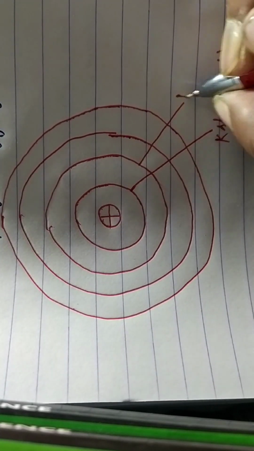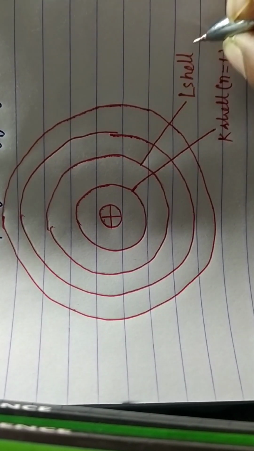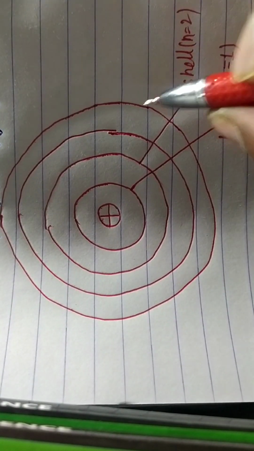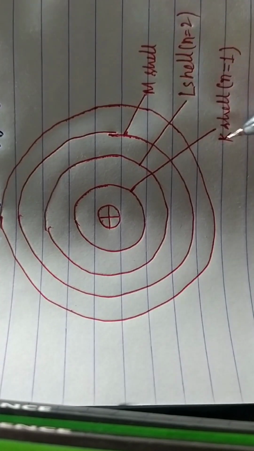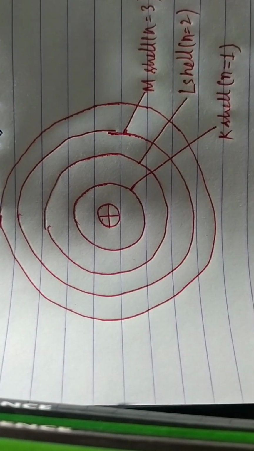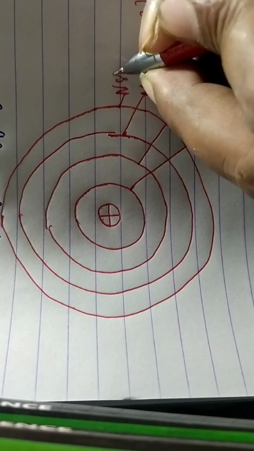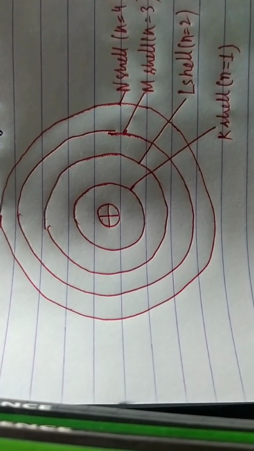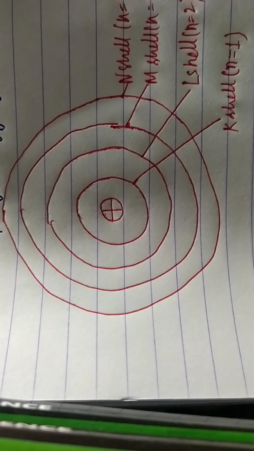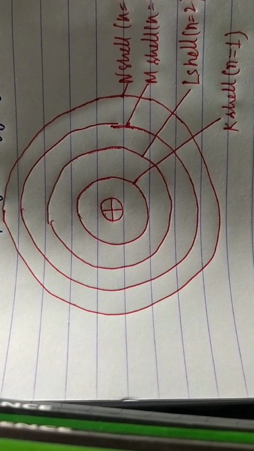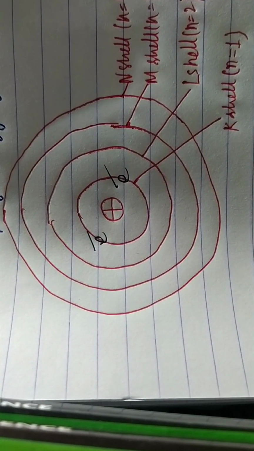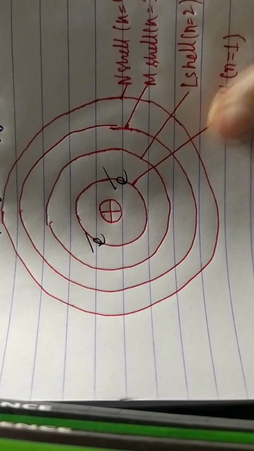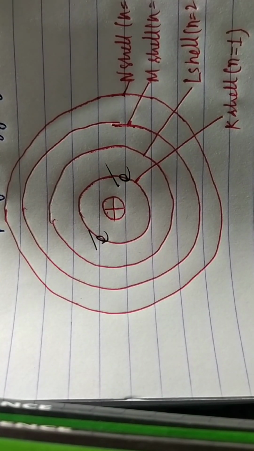This one is your L shell, n equals 2, the second energy level. M shell, n equals 3, and N shell, n equals 4. Electrons will revolve around this nucleus in the discrete orbits, and they are not going to radiate any energy.